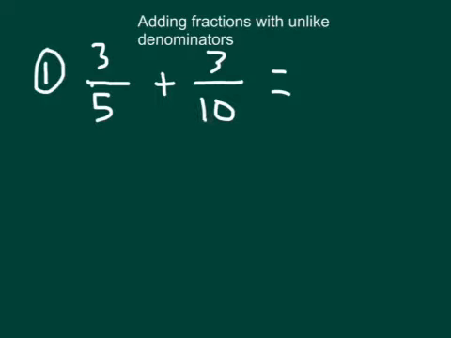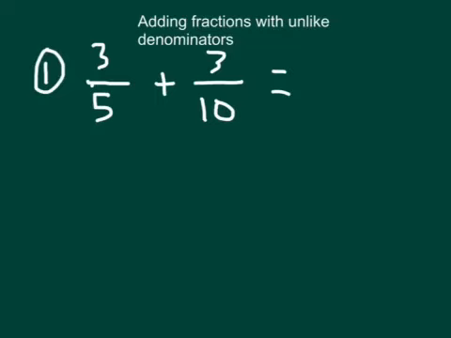A logical place to start is always the bigger of the two numbers. Start with 10 and see if your smaller number can fit into it. If that's the case, then 10 could be your common denominator. I know that 5 can evenly fit into 10 because 10 is a multiple of 5.